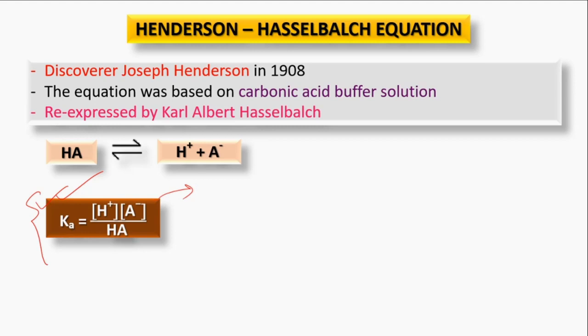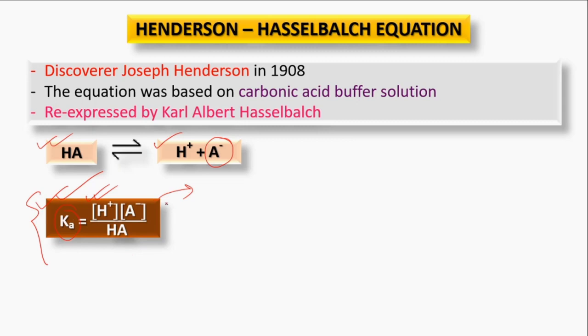Let's see. Before that, we should know that HA is an acidic solution, a buffer acidic solution, which can dissociate and form H plus and A minus. A minus means anionic, and Ka is the equilibrium constant, which is the ratio of the product, or the multiplication value of the products, divided by the reactants.